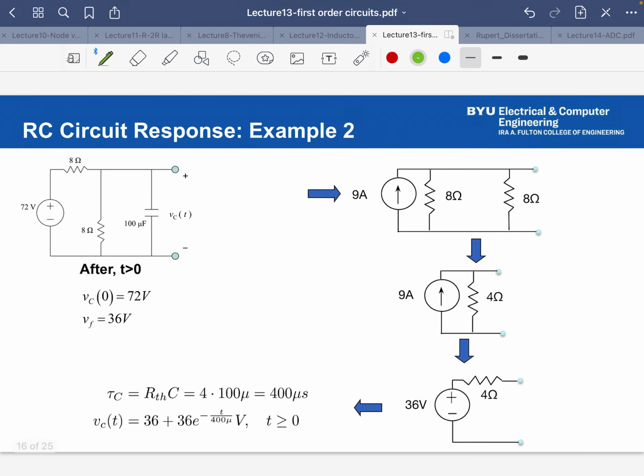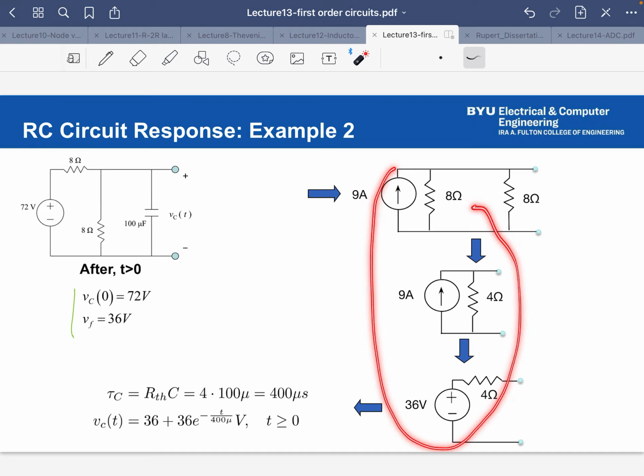Okay, we have the initial voltage and final voltage, and now we need to find the Thevenin resistance looking into the terminals of the capacitor. One way is with source transformations: take the voltage source and resistor, turn it into a current source, combine the resistors in parallel, and then convert back to a voltage source and a resistor, and we'll see a 4 ohm Thevenin resistance.